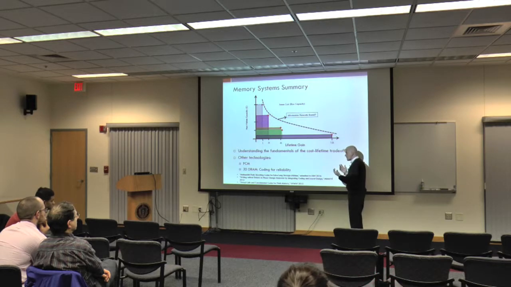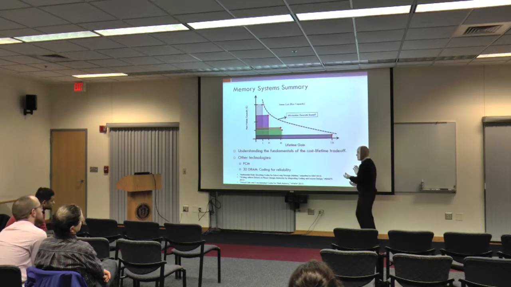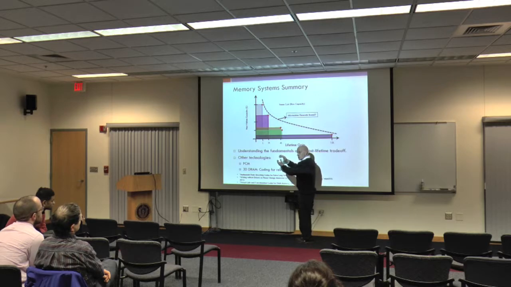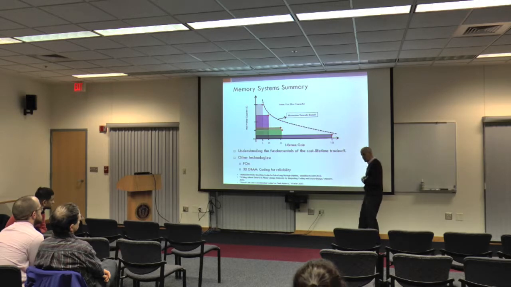One of the things that I hope I've gotten over is that there's lots of coding theory innovations, and in a sense, there's lots of computer architecture questions. And putting the two together is interesting. So this idea of host visible capacity versus lifetime is something that coding theorists in our community haven't thought about.